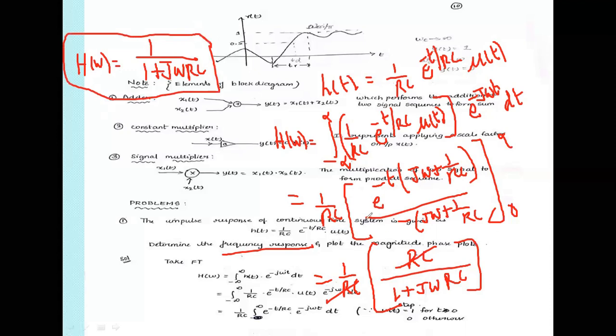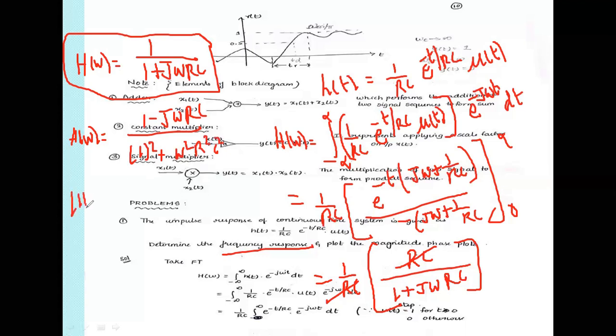And also plot the magnitude and the phase. To find the magnitude, H of omega is equal to 1 by 1 plus j omega RC. Rationalize this factor by multiplying with 1 minus j omega RC. We get a plus b into a minus b is a square minus b square. The minus becomes a plus since j square is minus 1, so we have 1 plus omega square R square C square, or otherwise omega RC whole square.